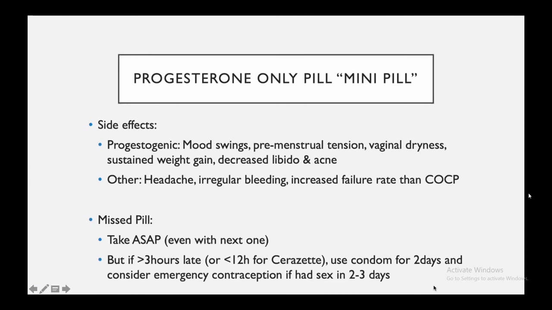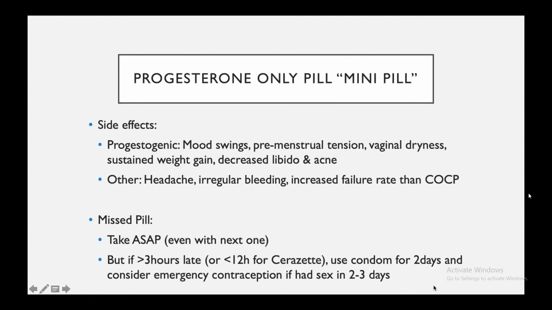Again, you want to mention the progesterone side effects, which are the same as we've previously highlighted. Other side effects include headaches, irregular bleeding, and an increased failure rate compared to the combined oral contraceptive pill.